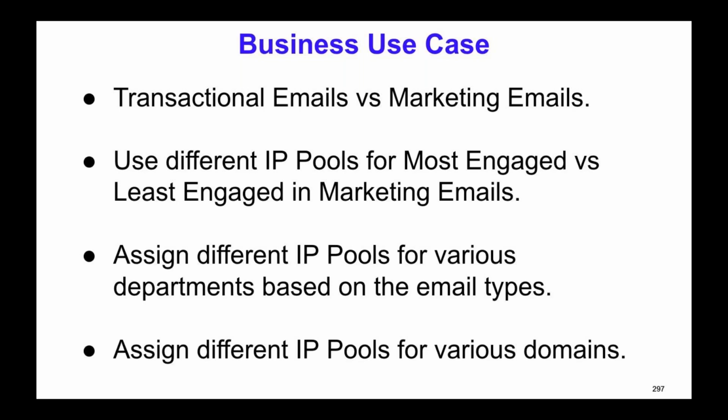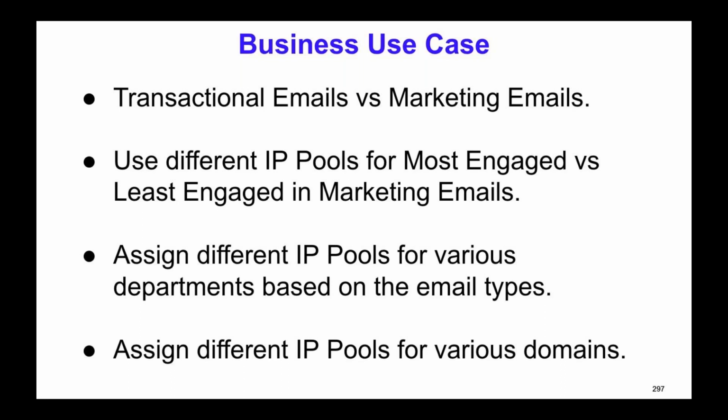And then let's say you talk about only the marketing emails that you're sending, and a certain number of users who are highly engaged and a certain number of recipients who are not really engaged with your marketing emails. You will know by looking at the number of clicks, number of opens, how much time they're spending on your website, and so on. Based on various metrics, you will know who is engaged more versus the people who are not engaging with your emails.